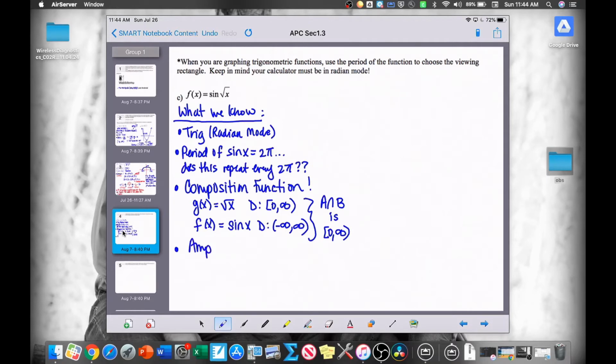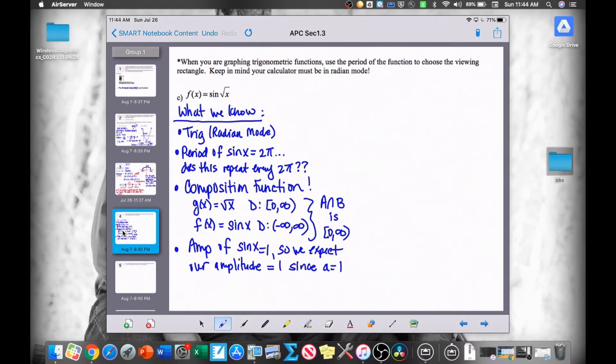So we'll say amplitude of sine x equals 1, okay? So we expect our amplitude to equal 1 since our a value in front of our sine curve is 1. And again, that was the letter that we used to represent a vertical stretch on our trig functions back in pre-calculus.